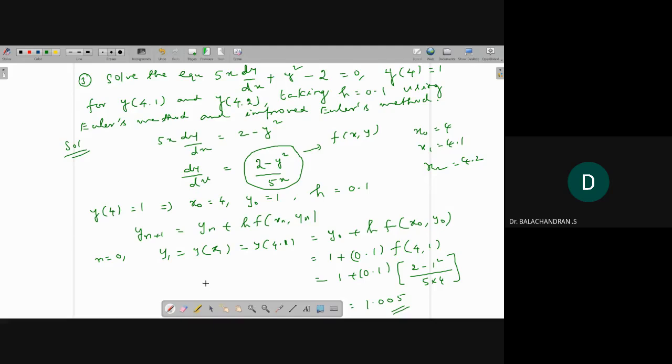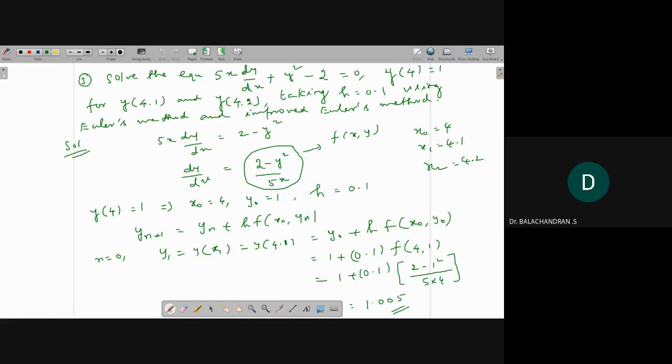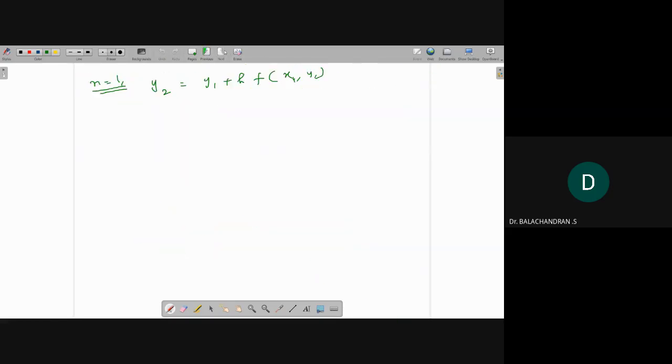Similarly, find y2. Substitute n equal to 1 in the Euler formula, you will get y2 equal to y1 plus h into f of x1 comma y1. y2 is nothing but y of x2, which is y of 4.2.